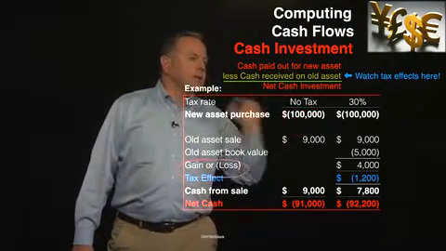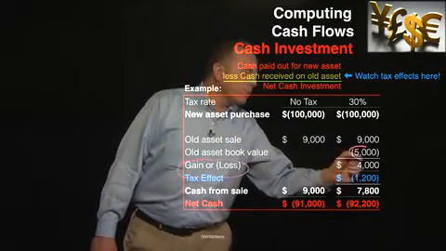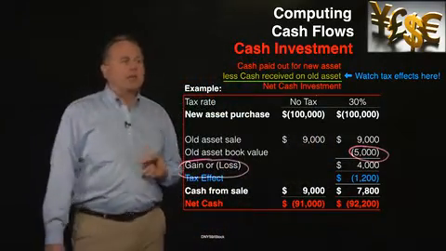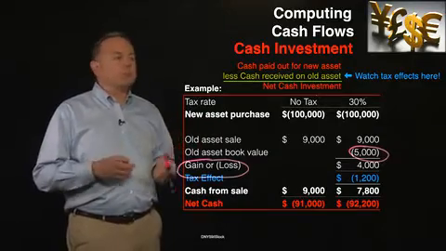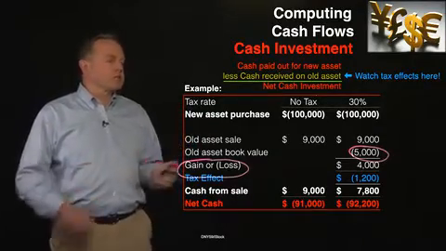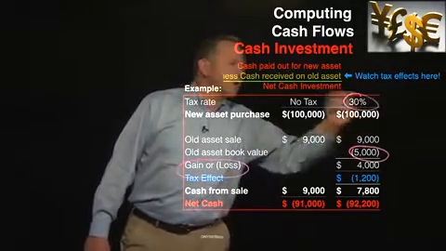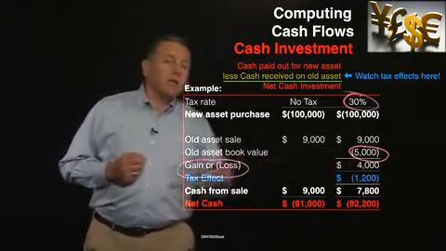I'm assuming that this old asset that I sold for $9,000 on the books has a book value of $5,000. That is to say, its original cost minus its accumulated depreciation, $5,000. Selling it for $9,000 there, assuming that 30% tax rate happening, and I've got a gain, a $4,000 gain.